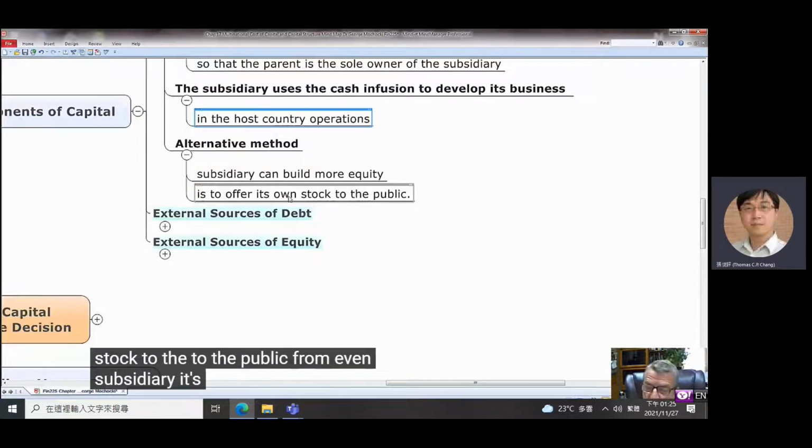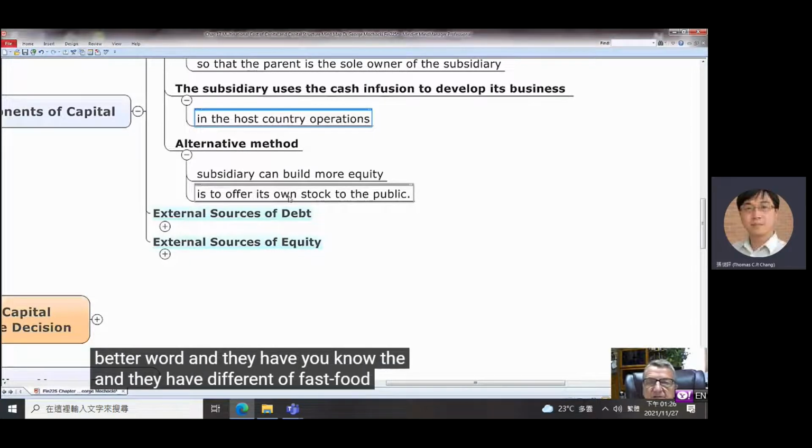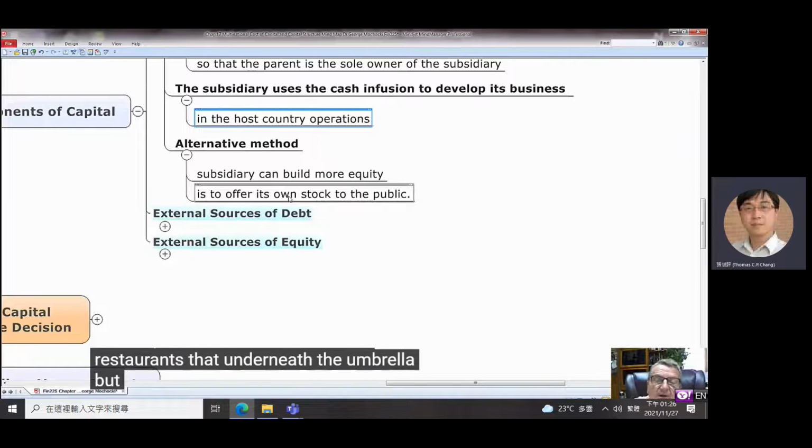Remember, even if it's a subsidiary, it's part of the MNC conglomerate, and they still could offer some stock. I look at some restaurants like Burger King, Taco Bell, they're all tied into the Yum brand, and so that's the MNC, for lack of better words. They have different fast food restaurants underneath the umbrella, but they still stand sustainable by themselves.